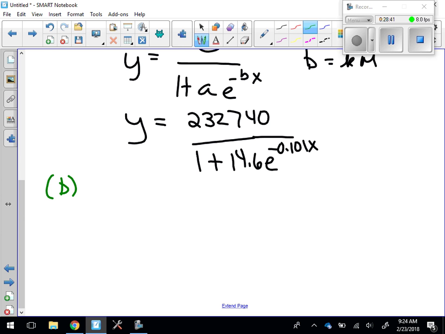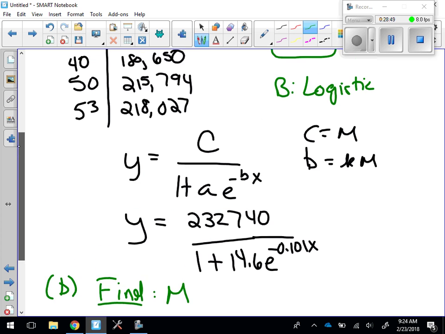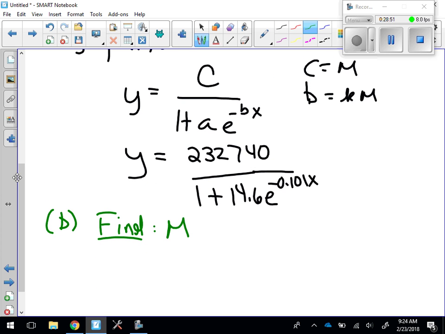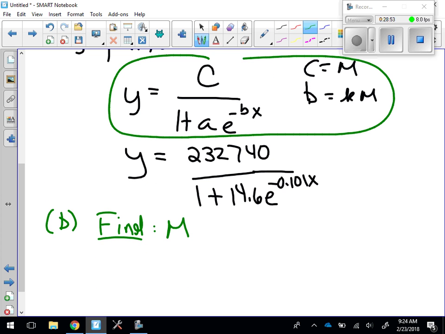Carrying capacity. Okay, so part B is really asking you to find M, which is why we identified what those variables were and the thing that popped off your calculator. So you can look at the solution and figure out what the carrying capacity is.